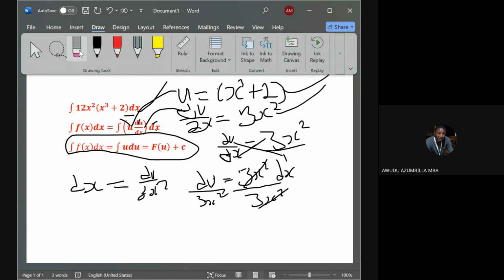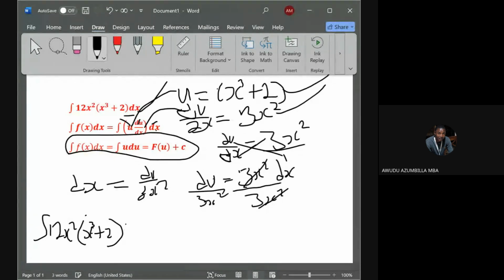So my main function is, let's say, the integral of 12x squared, and then bracket x raised to the power 3 plus 2, then you close the bracket and then dx.